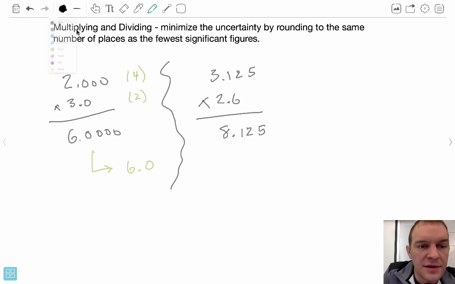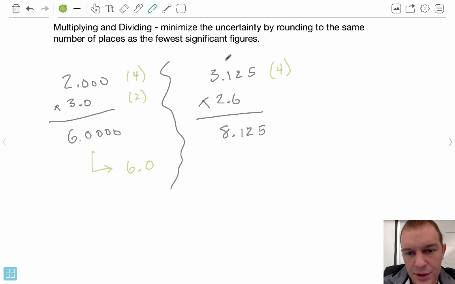So now we want to identify the number of significant figures in each number. This one right here is going to be 4, Pacific rule, decimal point present, 1, 2, 3, 4. This one here, decimal point present, 1, 2, so that gives us 2, coincidental. And so we're going to round our answer to 2 significant digits. This is going to be rounded to 8.1.